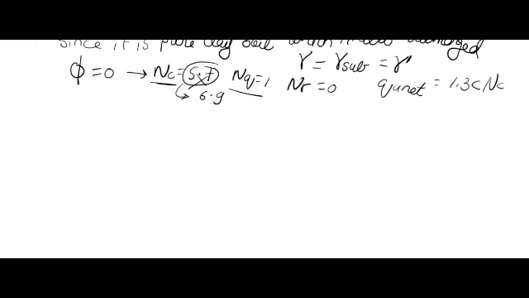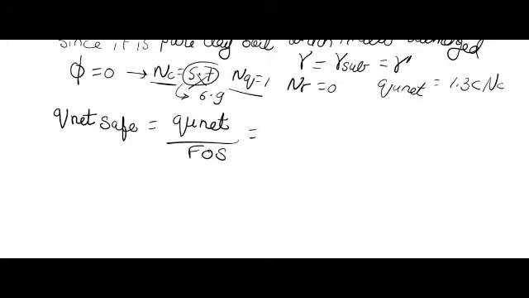Okay, so after finding q net ultimate, then we have to find q net safe, which is nothing but qu net divided by factor of safety. In the problem, the factor of safety is given as 3, so it will be equal to 1.3 cNc by 3.